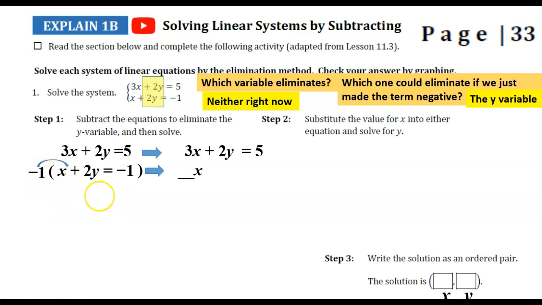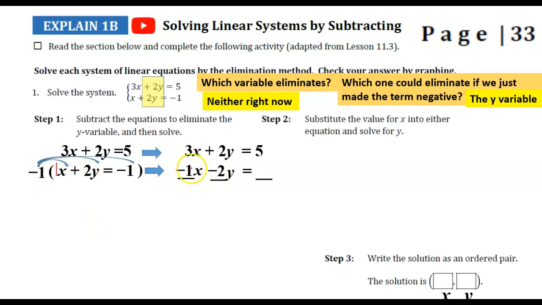Take a moment right now and think about what each of these would be. What would -1 times 1x be? And then -1 times 2.